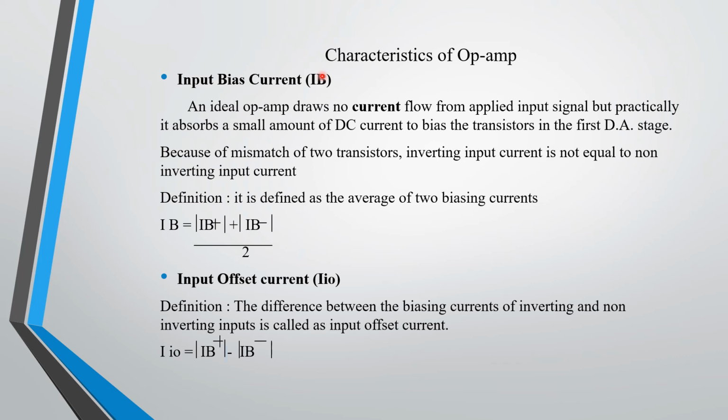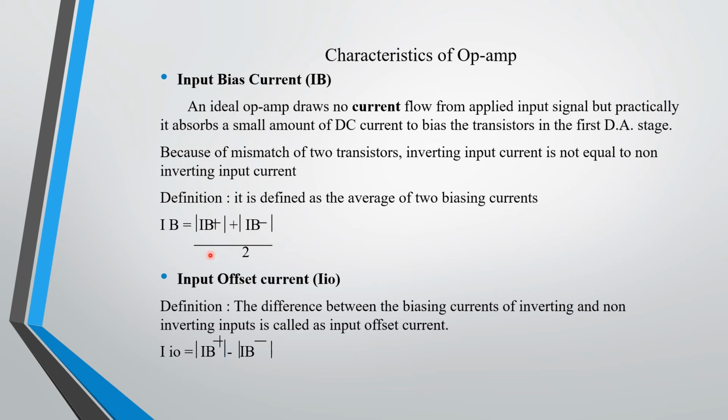Input bias current. Ideally, an operational amplifier draws no current from the applied input signal, but practically it absorbs a small current. The amount is very small and is used to bias the transistors in the first differential amplifier.